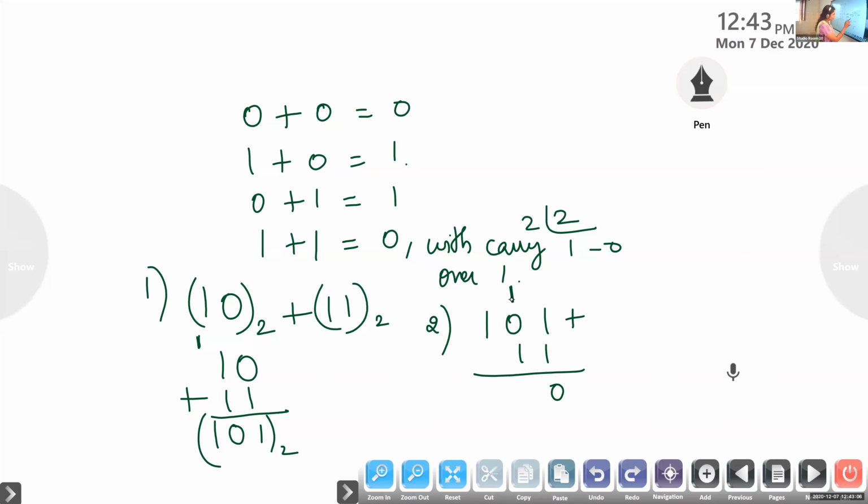So I'm writing 0 with carry over 1. Now what is 1 plus 1? Again 0 with carry over 1. Now what is 1 plus 1? 0 with carry over 1. But no element is there, so we can write this as 1.